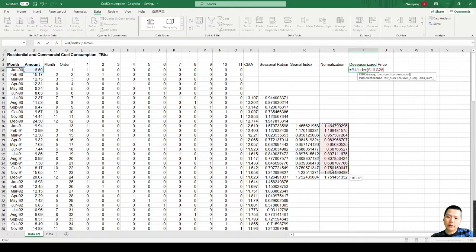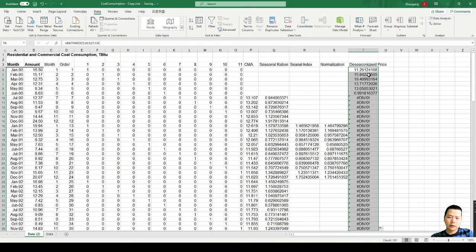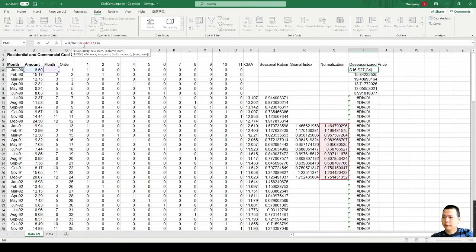So to solve that problem, we want to do the price divided by the index, using INDEX. It starts from January, so the first one is month 1, the last is month 12, and then it comes back around again.